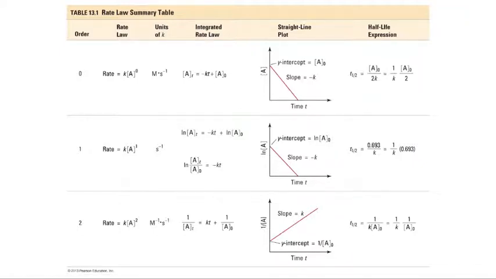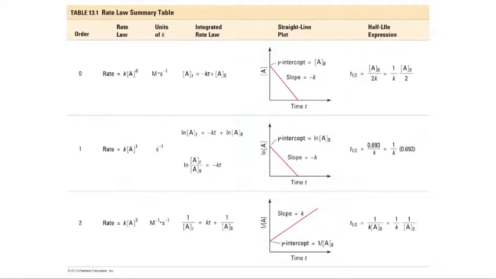Okay, but a plot of natural log of A versus t gives us a straight line. Again, notice the negative slope. So the slope equals minus k here, okay? And the y-intercept equals the natural log of the initial concentration of A in this scenario.